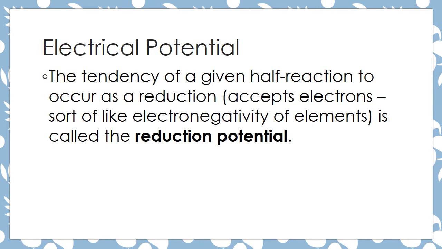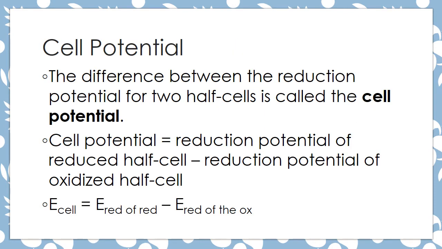So the tendency of a given half reaction to occur as a reduction is a type of electrical potential we call the reduction potential. So how easily it accepts electrons is the reduction potential. And the difference between the reduction potential for two half cells is called the cell potential.